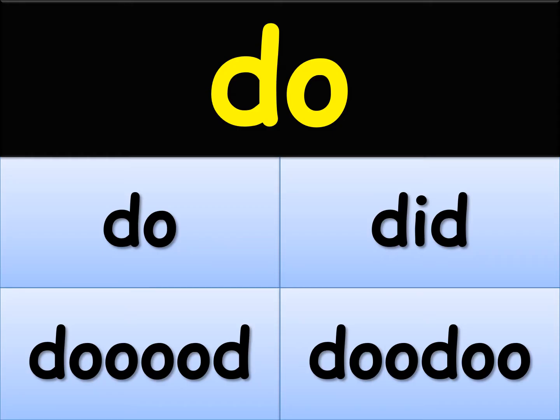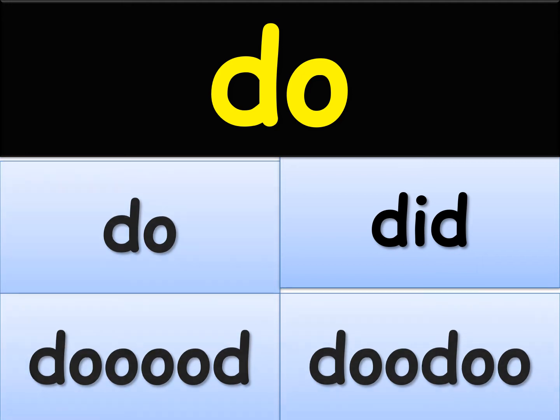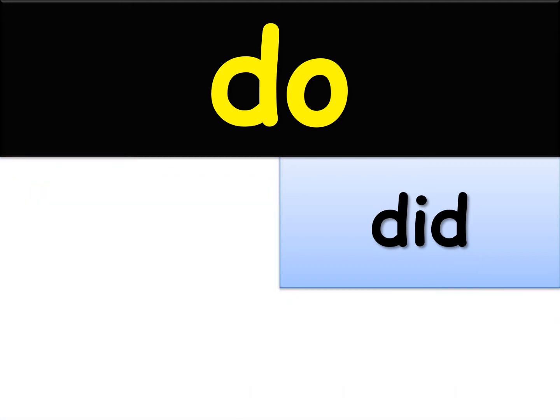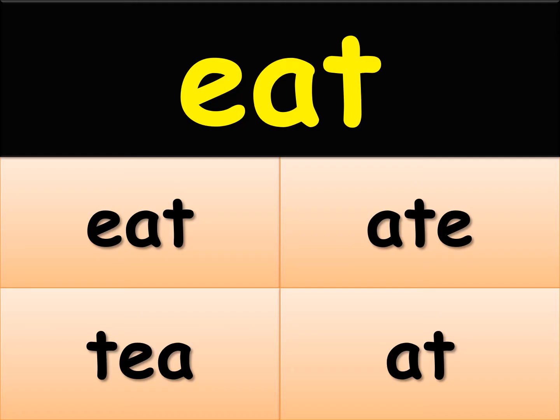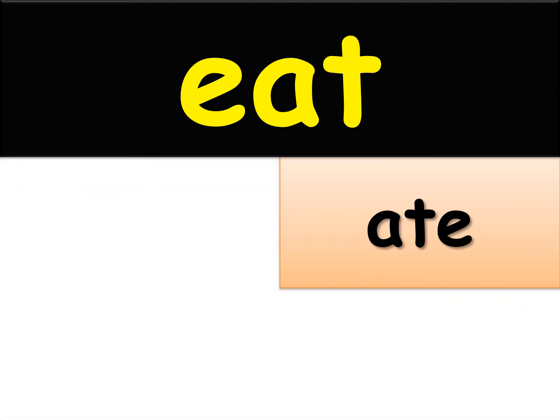Number 7. Do. The past tense form of do is did. Donald did a good job yesterday. Number 8. Eat was the verb, and the past tense of eat is ate.